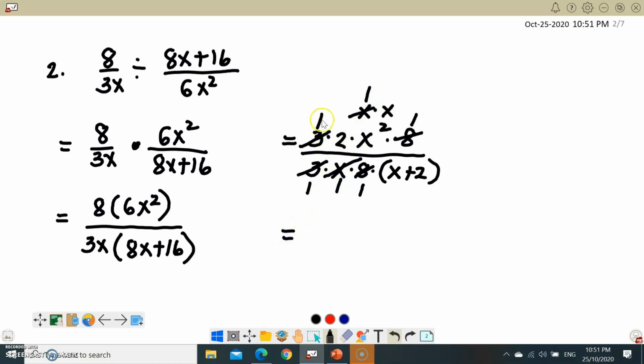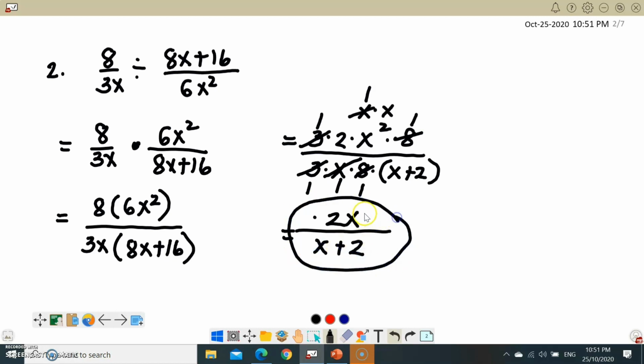And we now have 1 times 2 times 1 times x times 1, which is equal to 2x, over 1 times 1 times 1 multiplied by x plus 2, which is x plus 2. And we now have the quotient of 8 over 3x divided by 8x plus 16 over 6x squared.